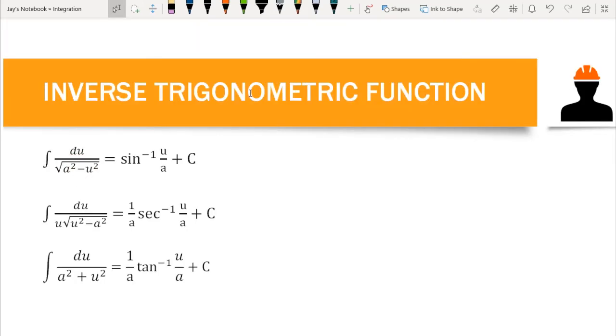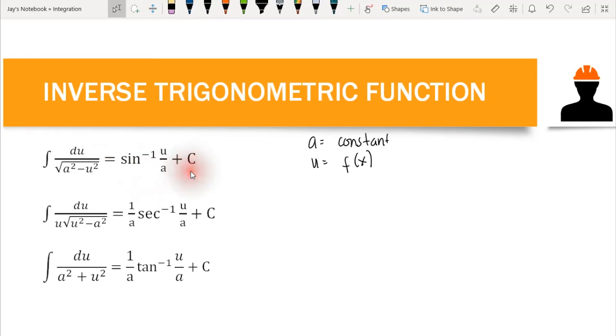Now we have a new integration rule. If we have the integration of du over the square root of a squared minus u squared, where a is constant and u is a function of x, the result is equal to the arcsine of u over a plus c. Remember this one.